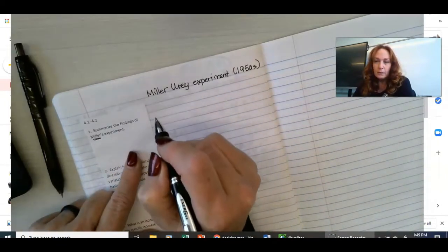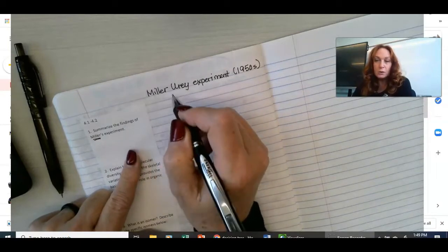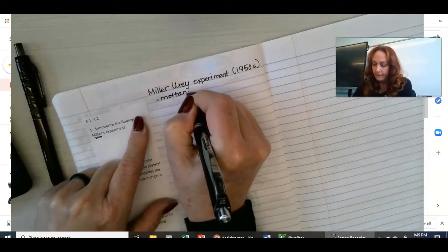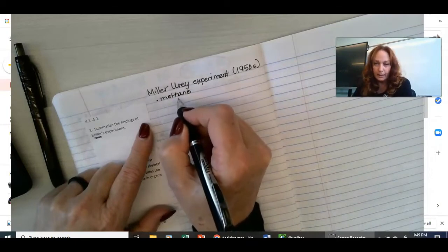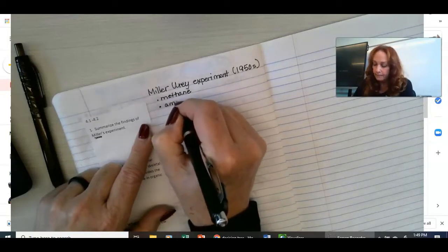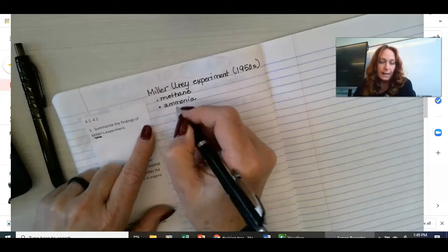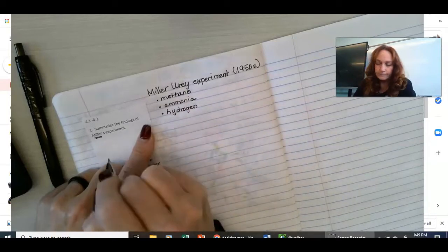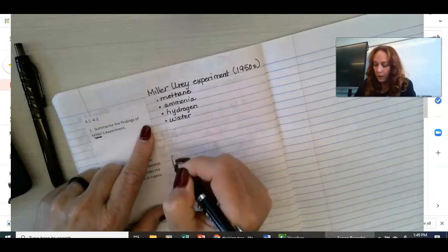So the question that was asked was this. Originally, the conditions in the atmosphere and on the planet were methane, not the most pleasant, but the simplest carbon and hydrogen, so hydrocarbon, molecule. You had ammonia, which would be a source of nitrogen, and hydrogen, and water being a source actually of oxygen.